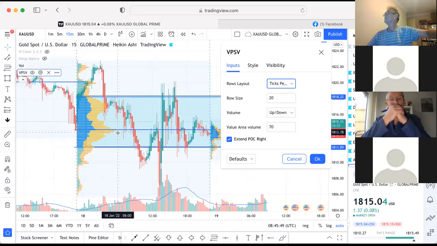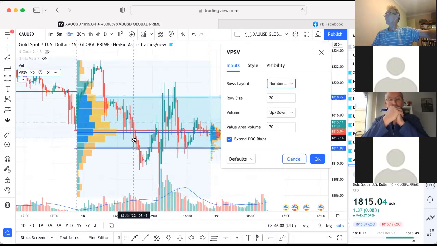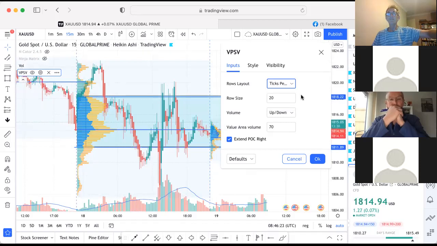You're going down to smaller measurements, I guess. But the important thing is that point of control doesn't move. It stays exactly the same. So whether we're on ticks per row or number of rows, it's stayed within the same band, but it has actually moved. So it's a question of preference. I think when Jeff set this up, he went for ticks per row, and I stayed the same.